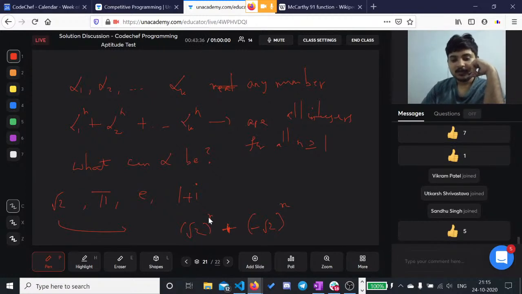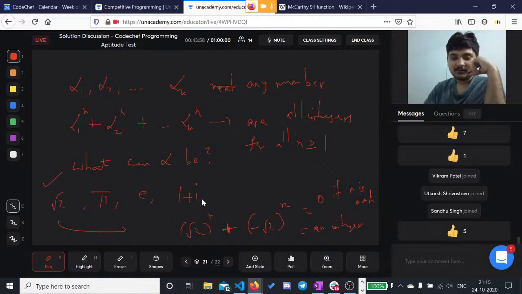So if n is odd, then this will be 0, and if n is even, then this will be an integer, obviously. Okay, so this is one expression that is always an integer, so square root of 2 is correct.